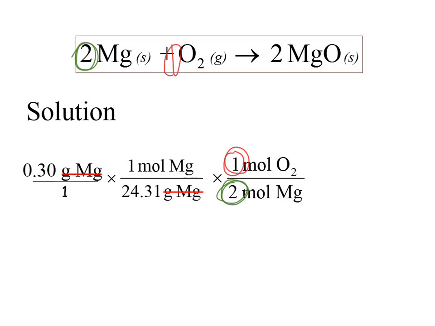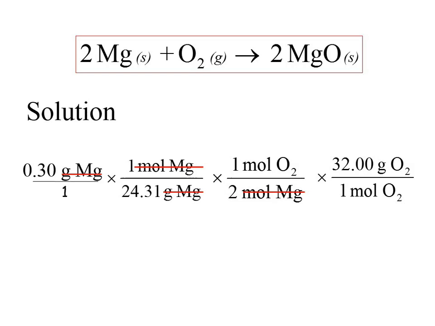Okay. All right, so units of moles of magnesium cancel. We're almost there. We have units of moles of O2, and we want to get to units of grams of O2. So here's where we introduce that molar mass of O2. So we have 32.00 grams of O2 over 1 mole of O2. And then finally, moles of O2 cancel, and we're left with grams of O2.